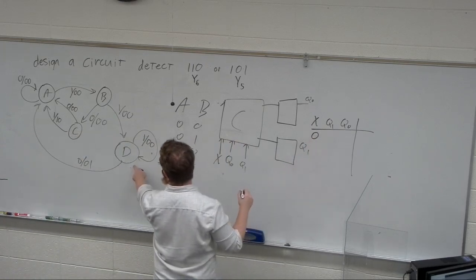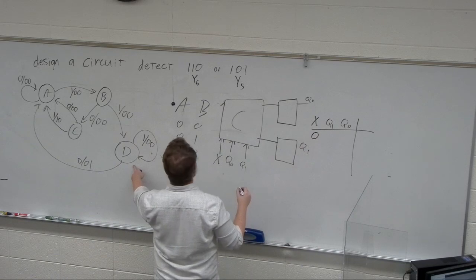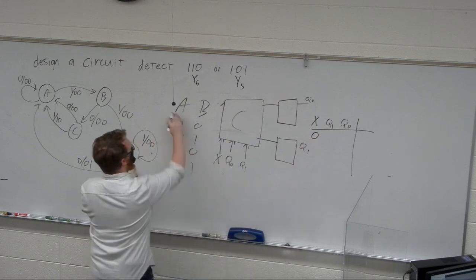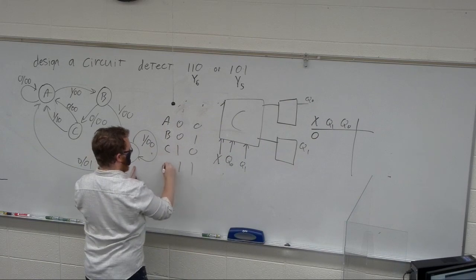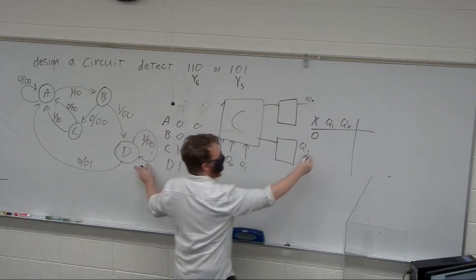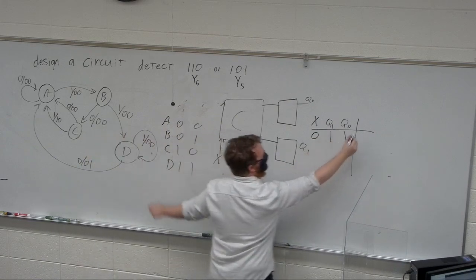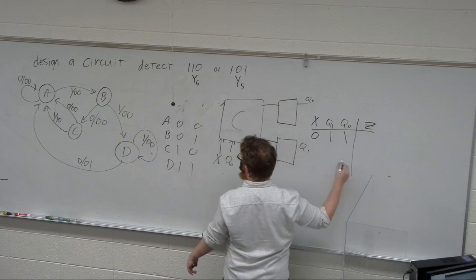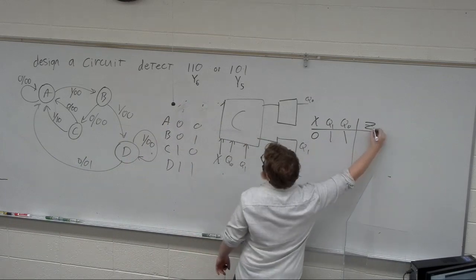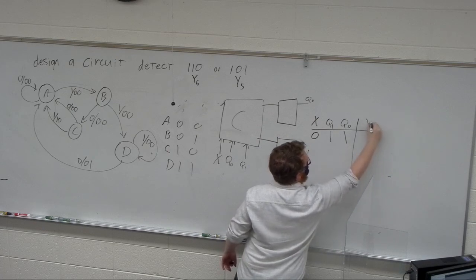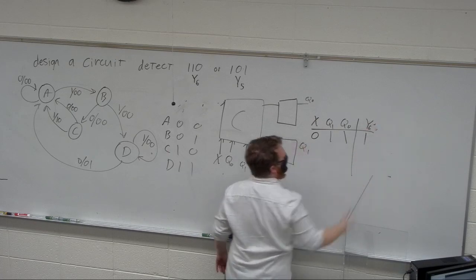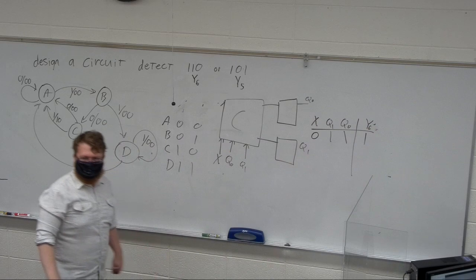Our state is D. We'll assign it this way, A, B, C, D. Then our Z for this, Y6, well, rather than call it Z, let's just call it Y6, is 1, right?